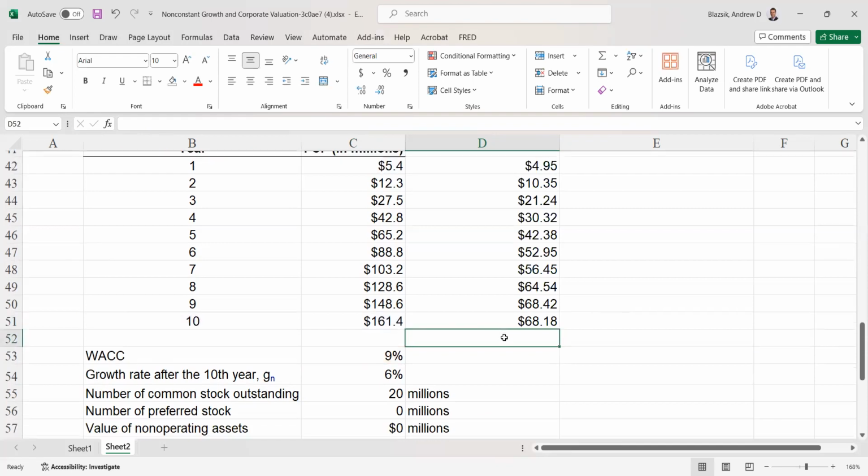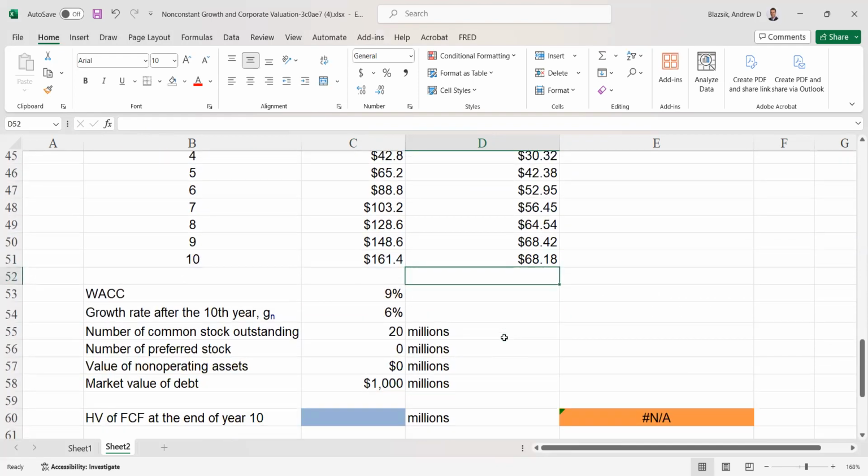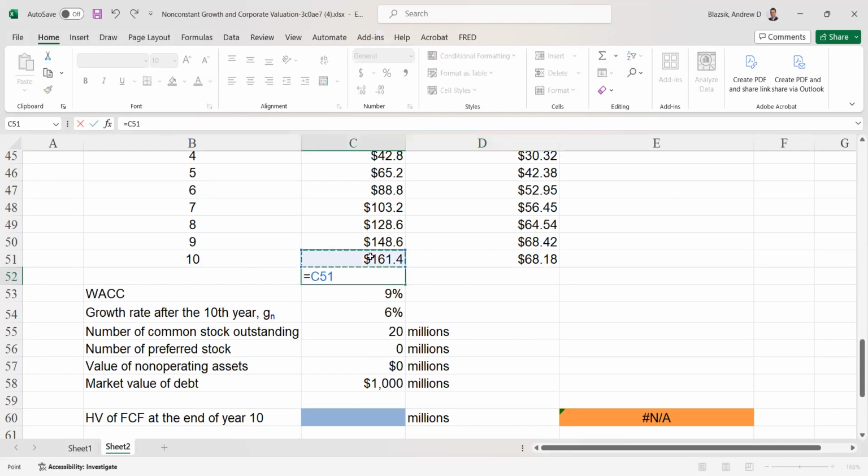Okay. And then this question, I don't have the question here, but I know this question because I've done the question a couple of times. The growth rate after the 10th year is now 6%. So for me to find out how much I receive in the 11th year, all I do is take the previous year, and I'm going to multiply it times 1 plus the growth rate.